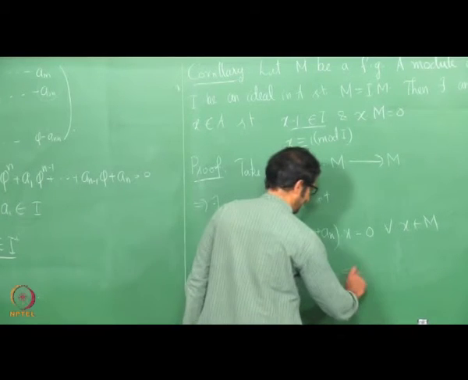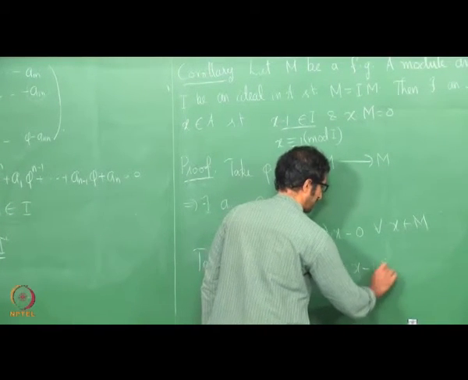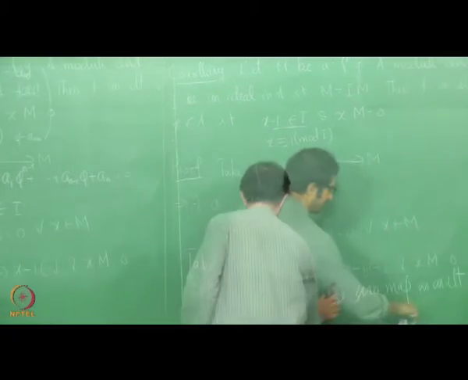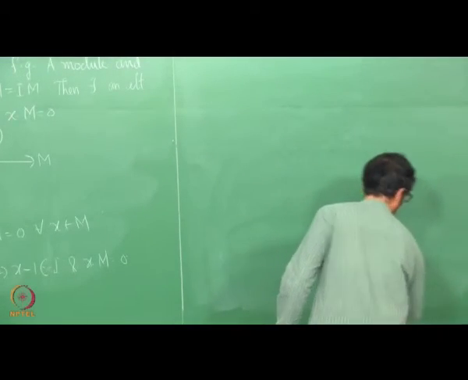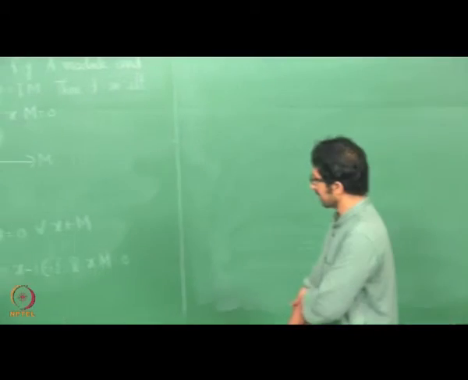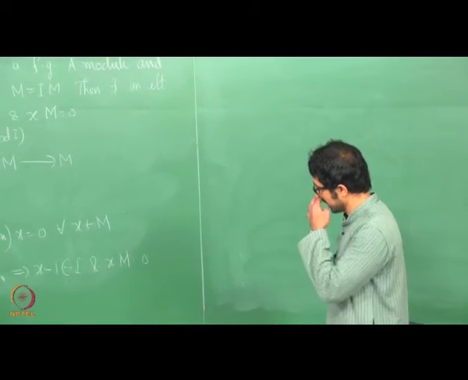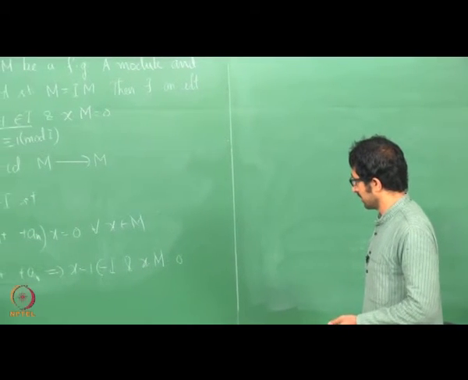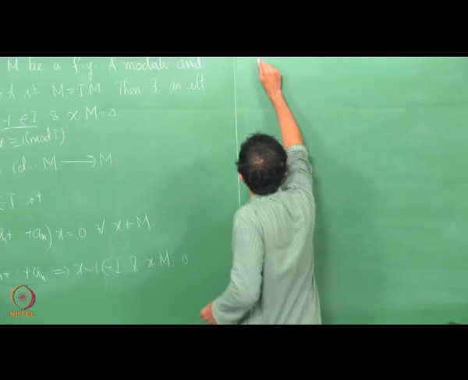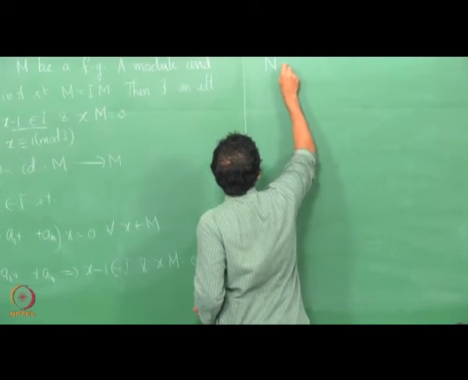So x minus 1 belongs to I and x M is 0. This gives one of the most important basic results in commutative algebra called Nakayama's lemma.